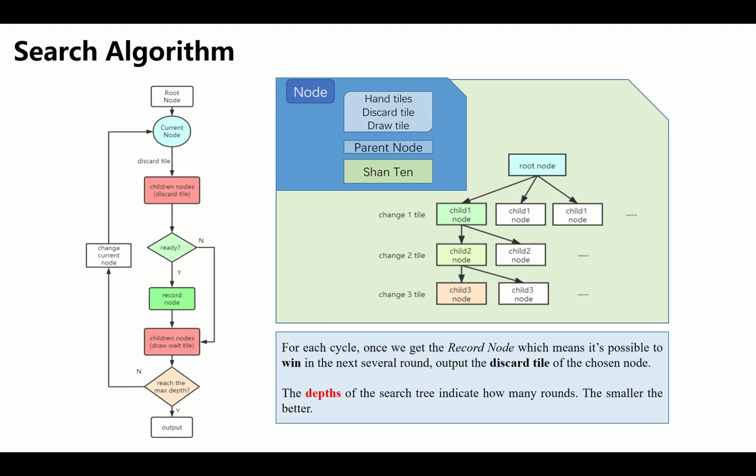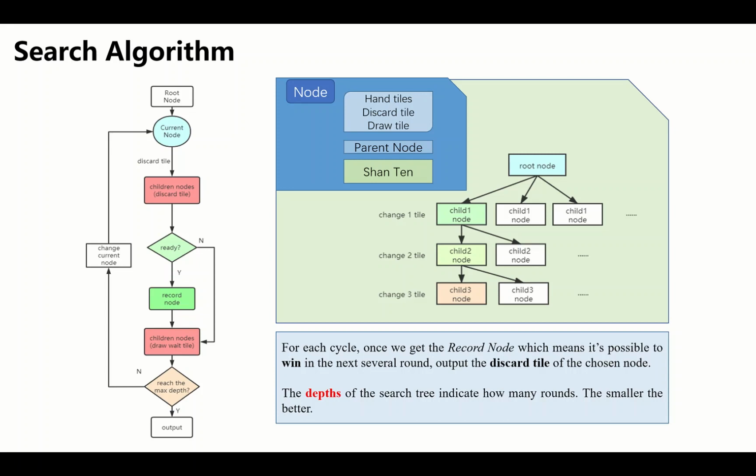But this method has a disadvantage, that is, when the hand tiles are not good and not close to most of the fan patterns processed by all sub-modes, the whole model does not know how to play, so we decided to use a search algorithm to solve this problem. The search algorithm we use is mainly based on the official fan calculator and shanten calculator. First, we establish a search tree and try to change each hand tile for obtaining each child node.